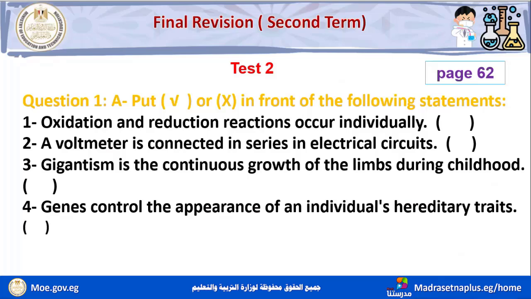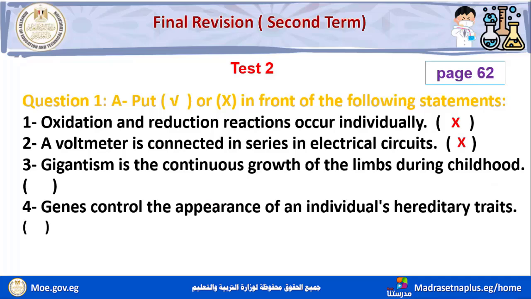Test 2, page number 62, question number 1. Letter A, put true or false in front of the following statements. Number 1, oxidation and reduction reactions occur individually. False. Question number 2, a voltmeter is connected in series in electrical circuits.